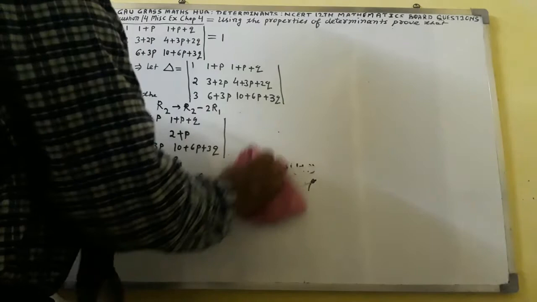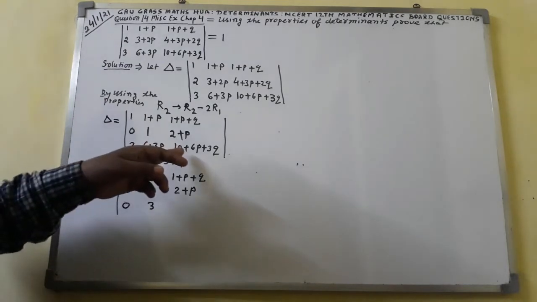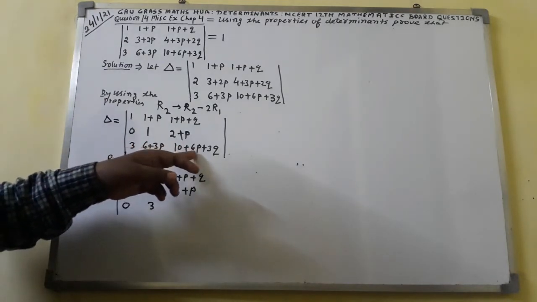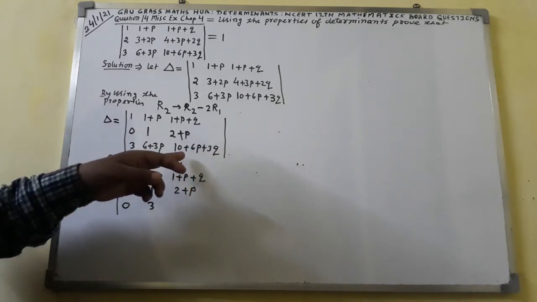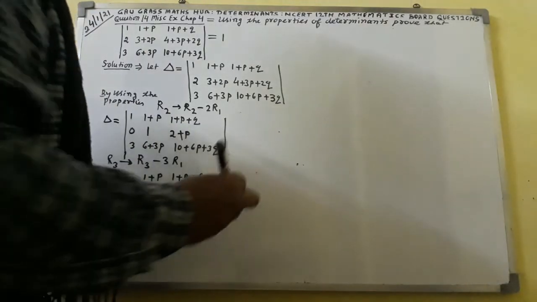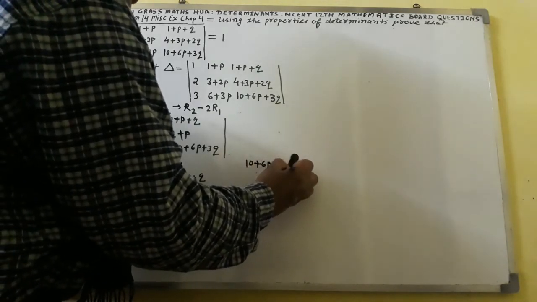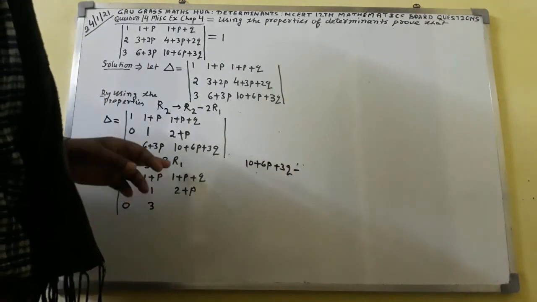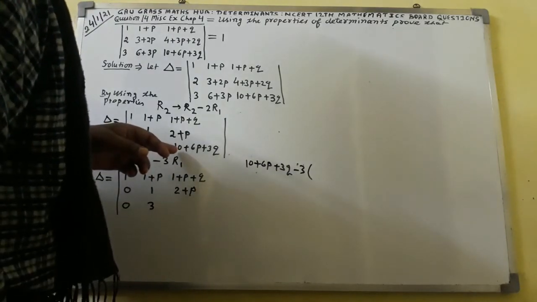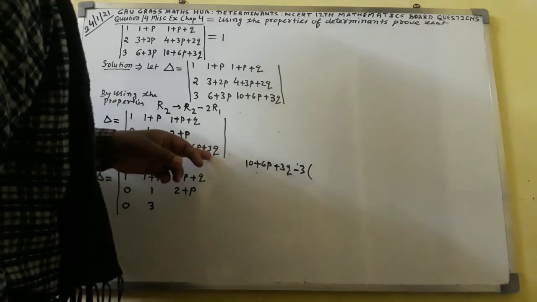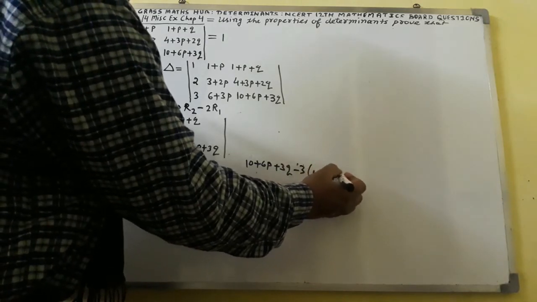Now what we will do next? Next element you can see, if I take the element 10 plus 6p plus 3 cube in the third row, so here R3 I shall write 10 plus 6p plus 3 cube minus 3 times R1, the corresponding element in the first row will be 1 plus p plus cube.